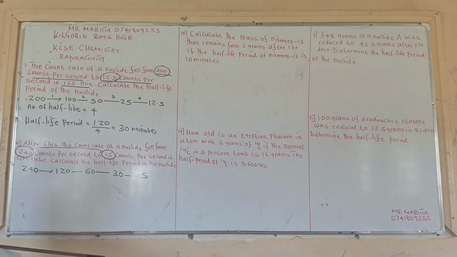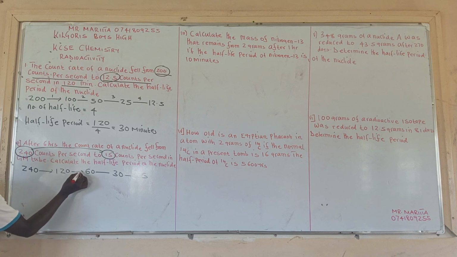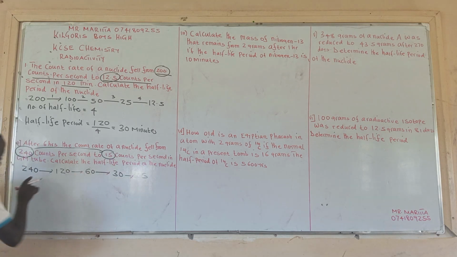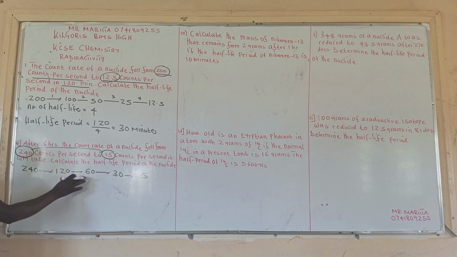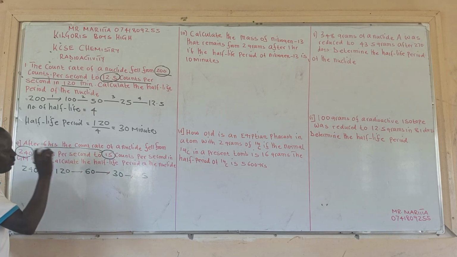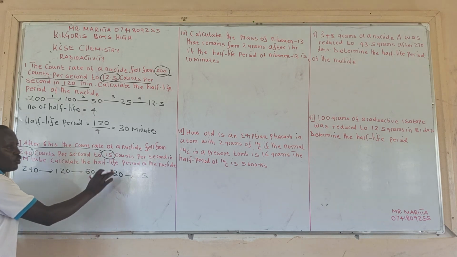So in that case, what we have done is calculate the number of half-lives. We have 240 times a half, which is 120. Divided by 2, or times a half, is 60. 60 divided by 2 is 30. That divided by 2 is 15.